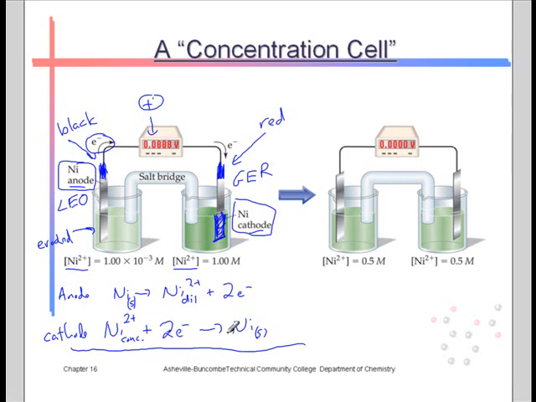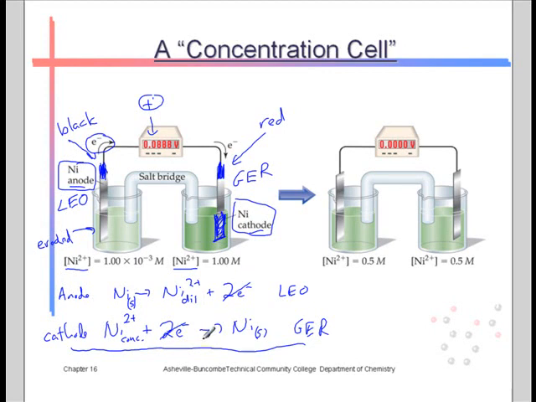Well, maybe it's not typical because you have the same metal involved, but it's typical in the sense that the LEO here and the GER is here. The electrons are going to cancel out. Something else is going to cancel out as well.